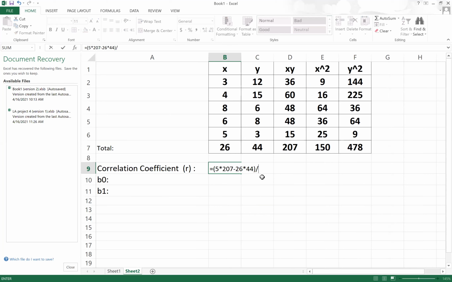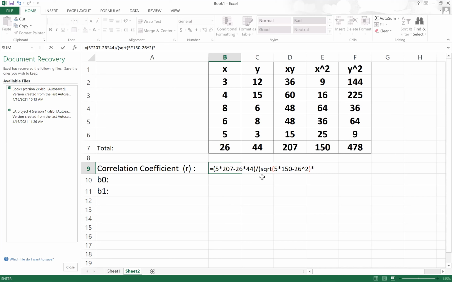Take that numerator and divide by the denominator, first square root, open parentheses. Then it's sample size 5 times total of x squared, that's 150, minus total of x, 26, squared, close parentheses. That takes care of the first square root.